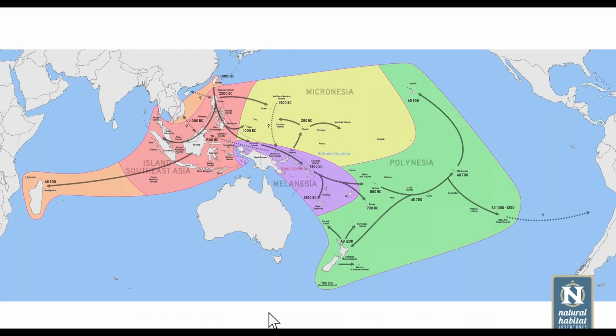So coconut fruits and coconut palms, take a look at this map here. They have played this really interesting critical role in human history in Australasia by providing a portable source of food and water.